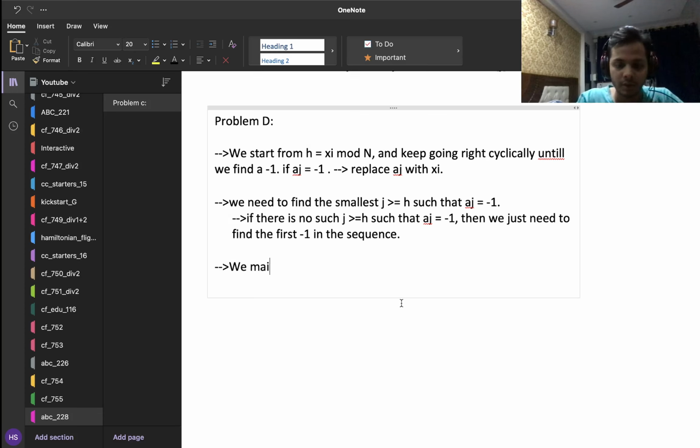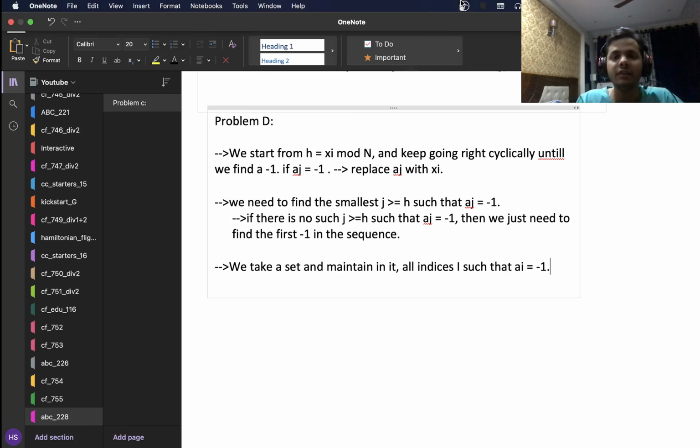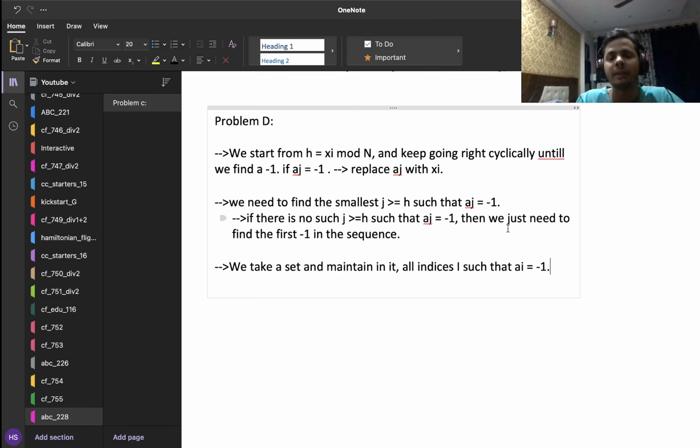So we take a set and maintain in it all indices i such that a of i is equal to minus 1. We need to make sure that if an index i is in my set, then a of i is always minus 1. And if I can successfully do that, let's see how that helps me.